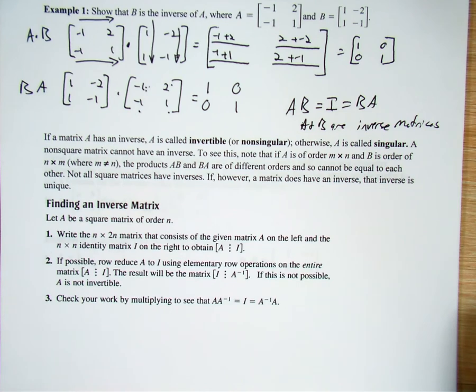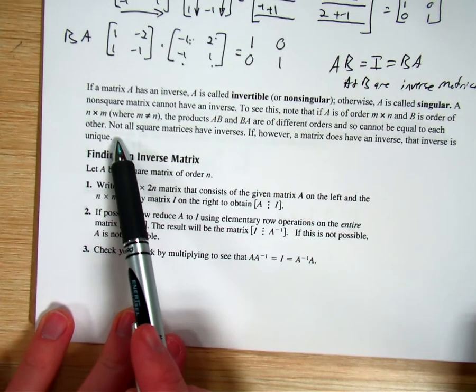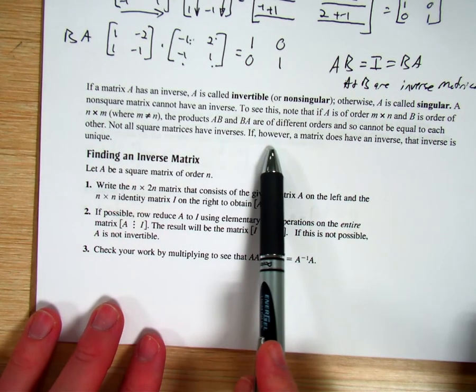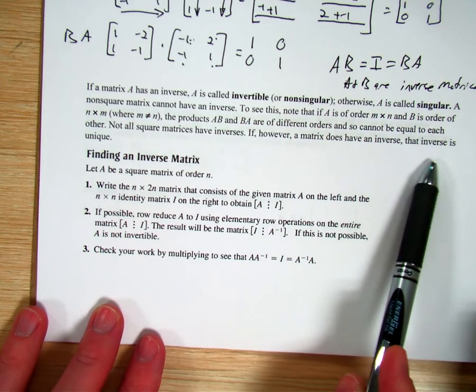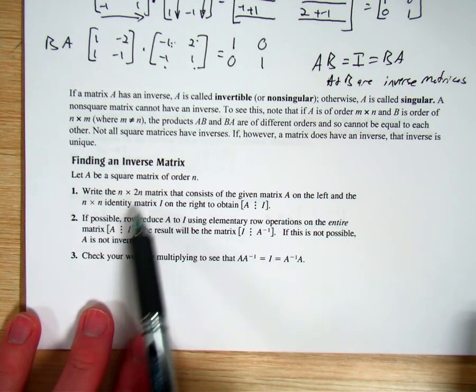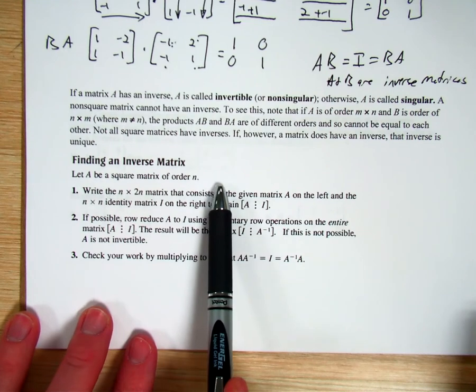Right? So if I had a 2 by 3 times a 3 by 2 or whatever, it's not going to always work out. Okay? Not all square matrices have inverses either. However, if a matrix does have an inverse, that inverse will be unique.